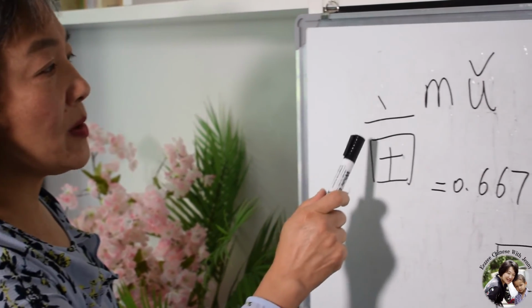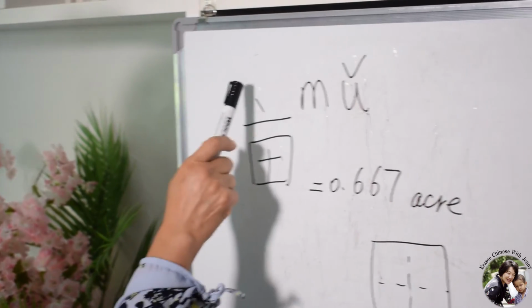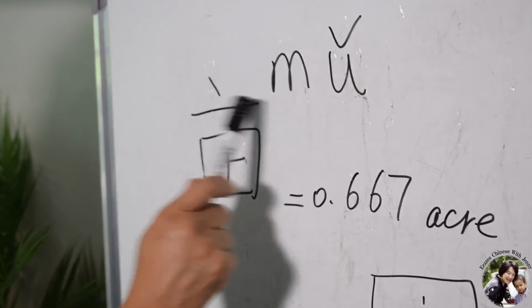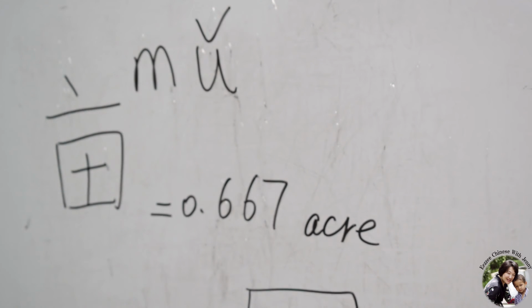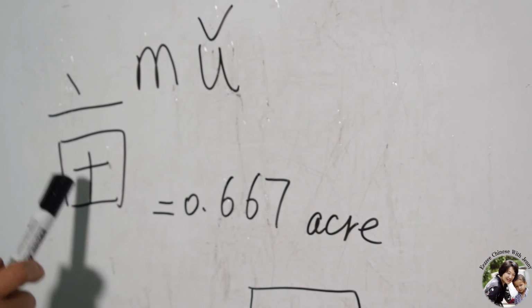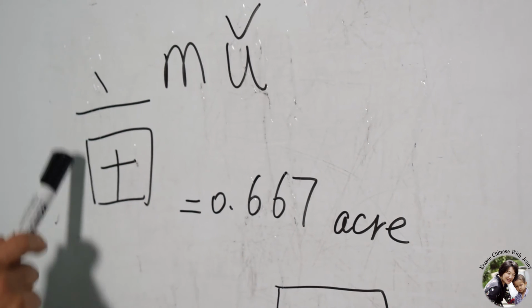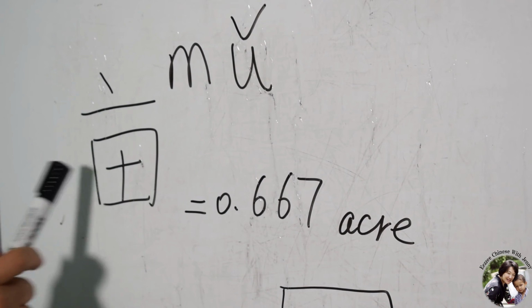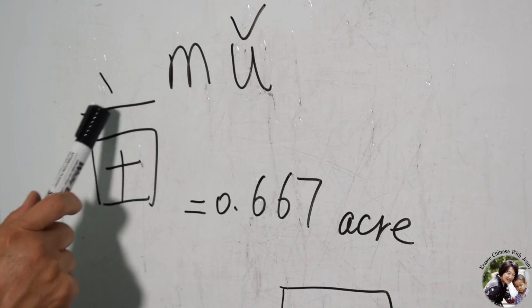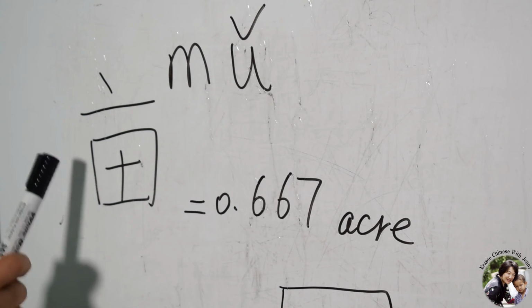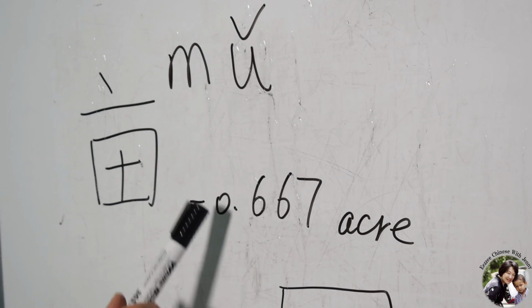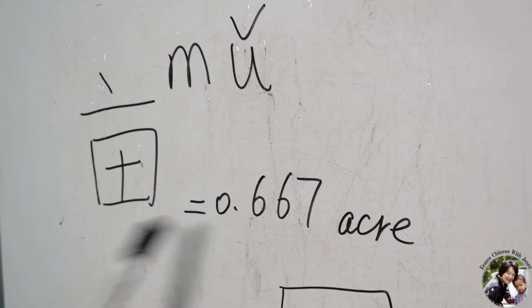So we have learned this character meaning farmland, 田. I just want to teach you another simple one. Just add a dot and 横, 点横, on top of this farmland, 田. It is a common measurement of farmland in China. This mu is pronounced mu, 一亩, and one mu equals 0.667 acre.